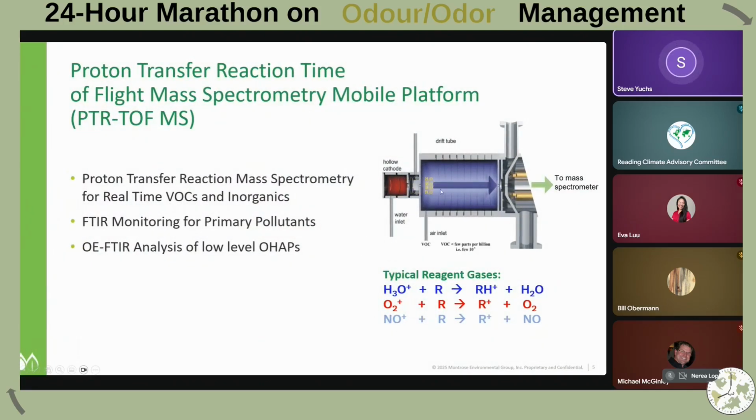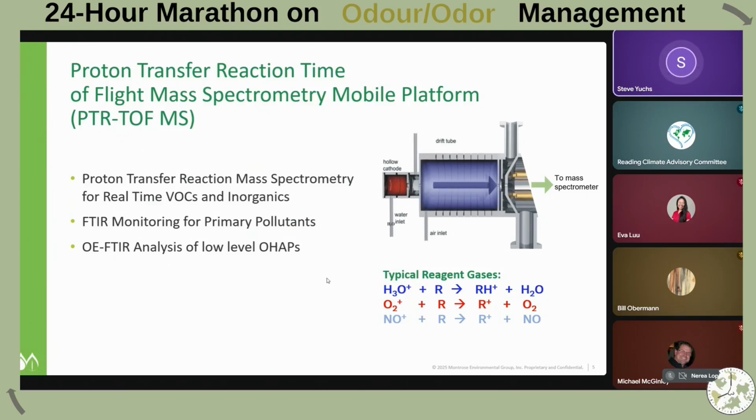So as you can see on the screen, water comes into this hollow cathode inlet. It generates ions. You can see the VOC sample comes in at the air inlet, reacts with the ions, and transfers the reagent ion to the VOC, then it goes to the mass spectrometer. All this happens instantaneously and continuously. At present, we can take sample rates up to about half a second, so we can get a data set every half a second.